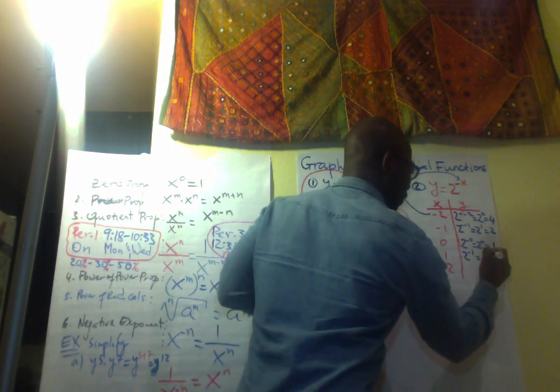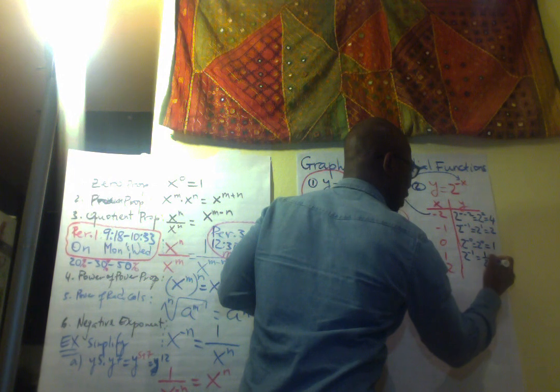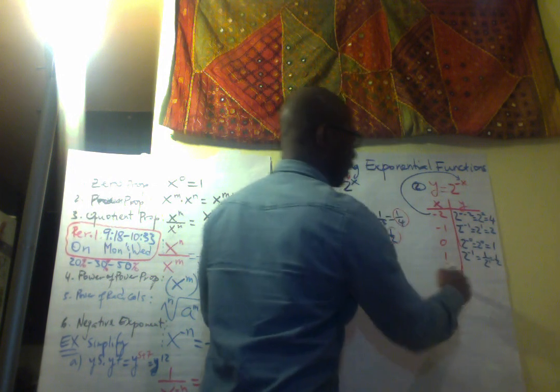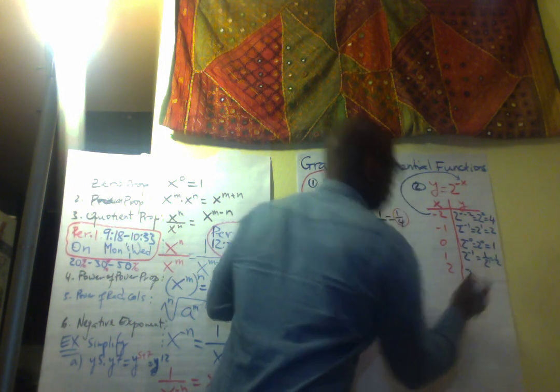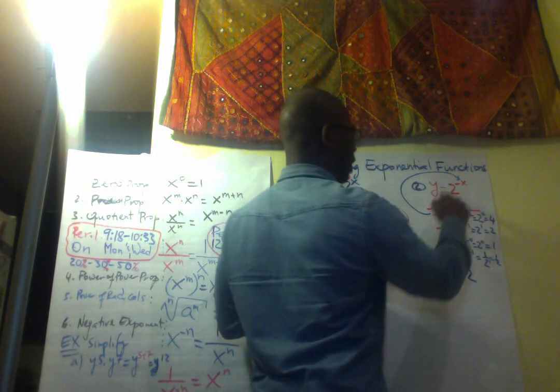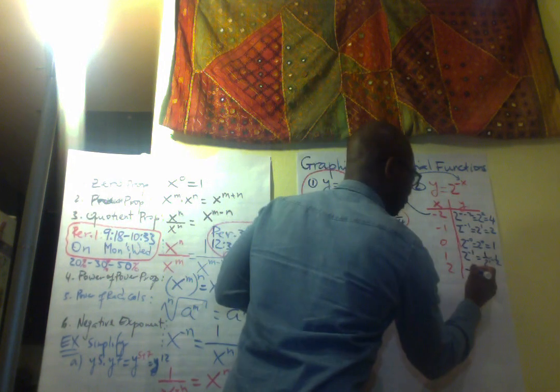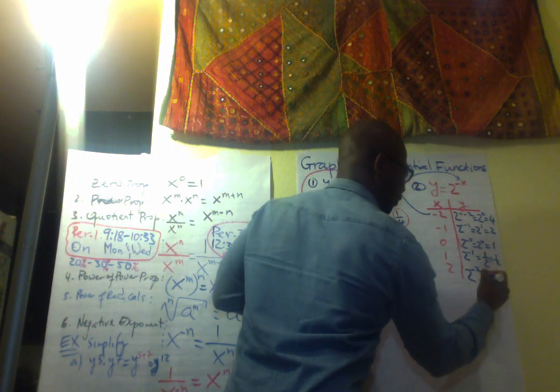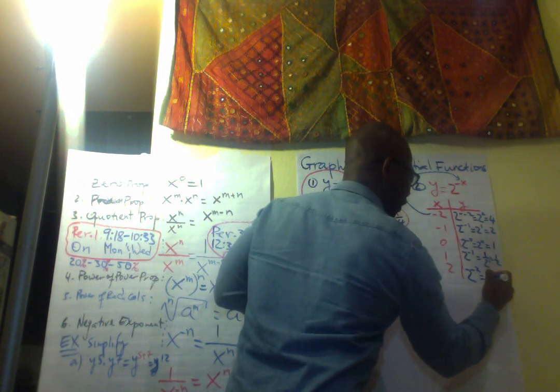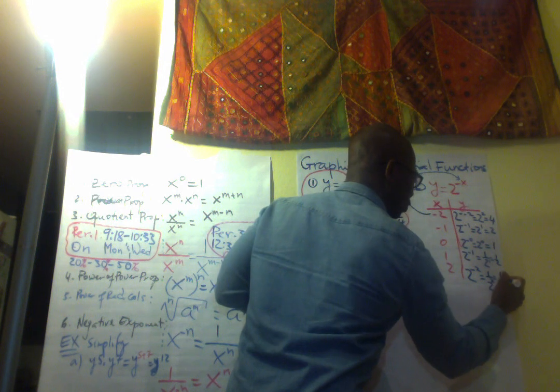So it's going to give us 1 over 2 to the power of 1, which is just 1/2. Do the same thing for the last number, 2 to the power of -2. We bring it down again: 1 over 2 to the power of 2. What is 2 to the power of 2? It's 4, so 1 over 4.